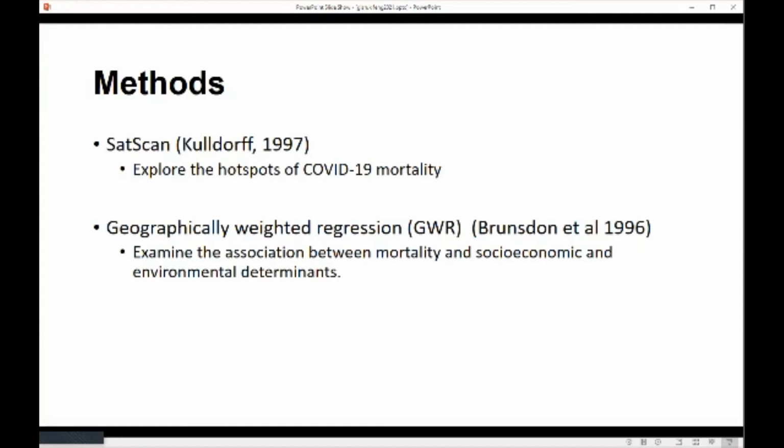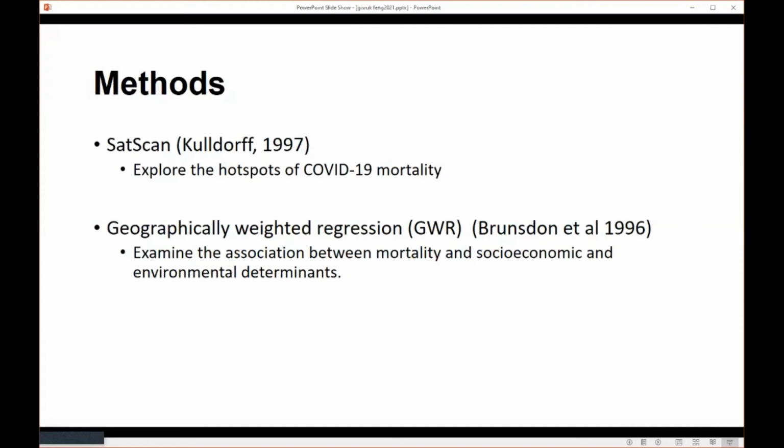In this case, we use a circle. The expected number of deaths is based on the Poisson model. We use a maximum population size of 3% because we want to avoid very large hotspots.